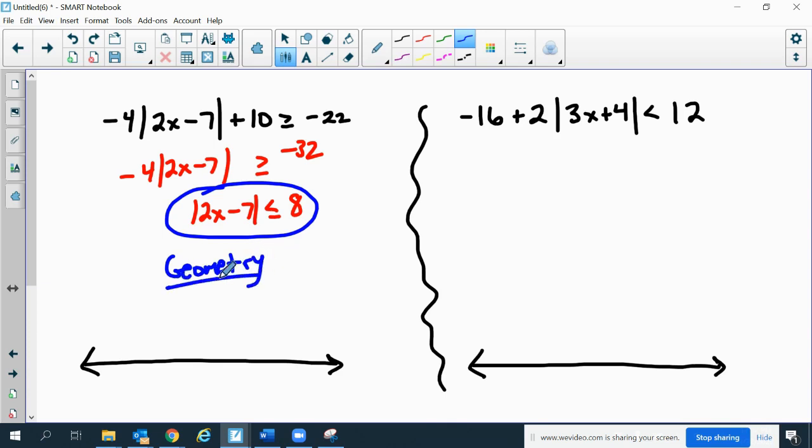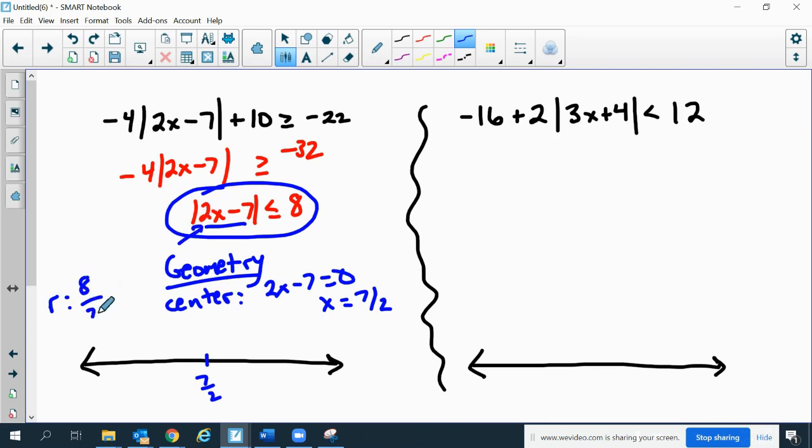So the geometry of this situation, notice that the center of my graph is when 2x minus 7 equals 0. So x equals 7/2. Then my radius is going to be 8 divided by the number that's multiplied by the x.